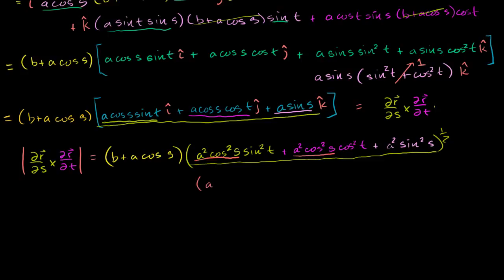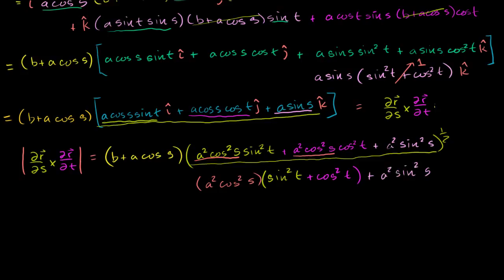So this is going to be a squared cosine squared of s times, in parentheses, sine squared of t plus cosine squared of t. And then you're going to have this plus a squared. And then you're going to have this plus a squared sine squared of s.